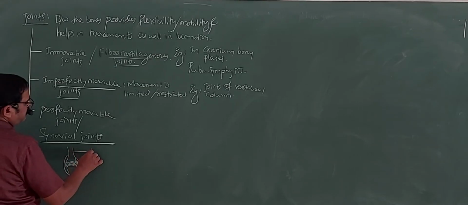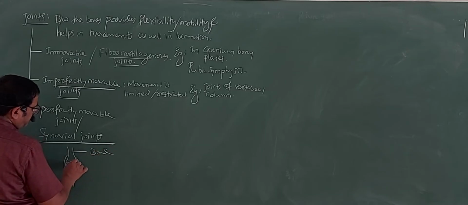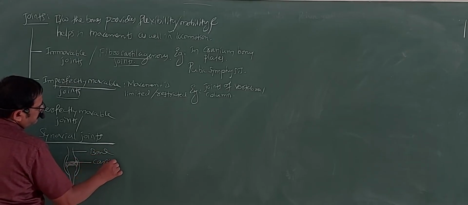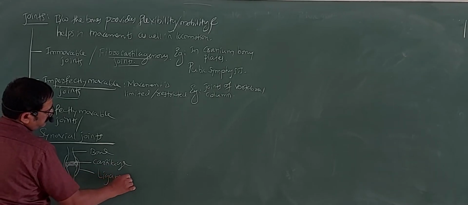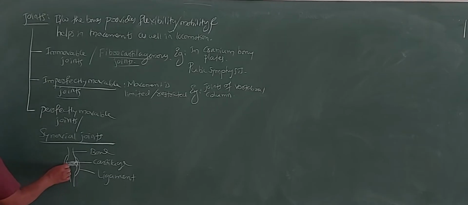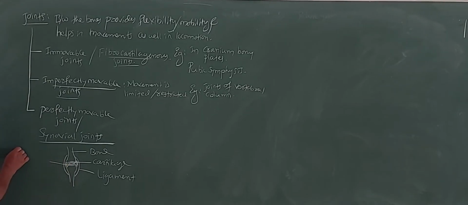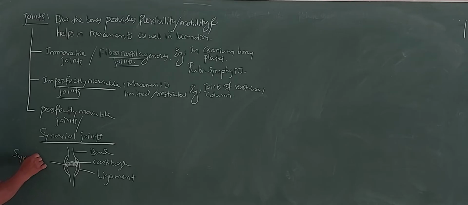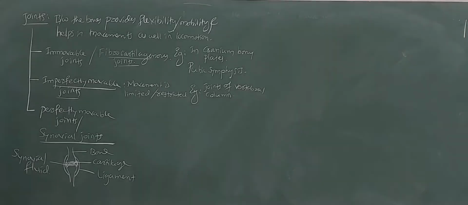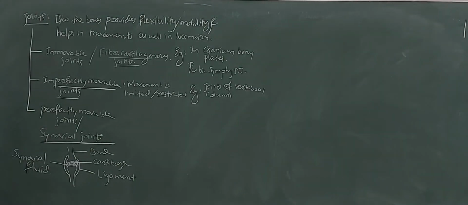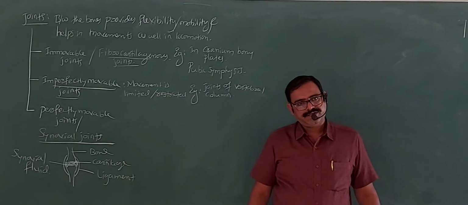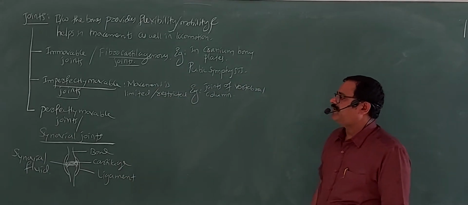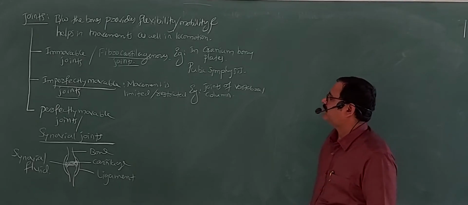So we find the bone, cartilage, ligament, and most importantly synovial fluid, a jelly-like fluid. These substances give better flexibility, so the movement will be good enough.